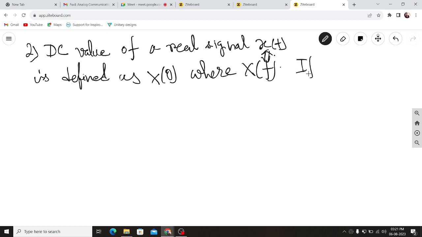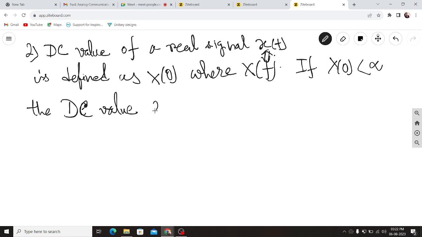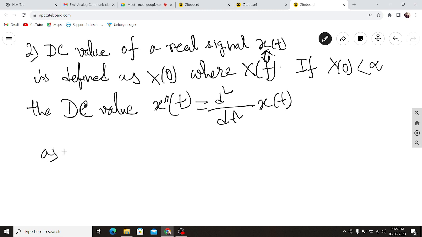So the question is, if X of 0 is bounded, then what will be the DC value, I mean the average value, of the signal we get if we take the second derivative of x(t) with respect to t, that is d square by dt square of x(t)? The first option is 2 pi X0.